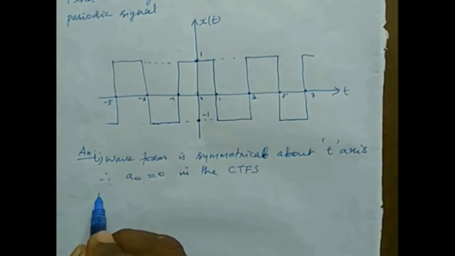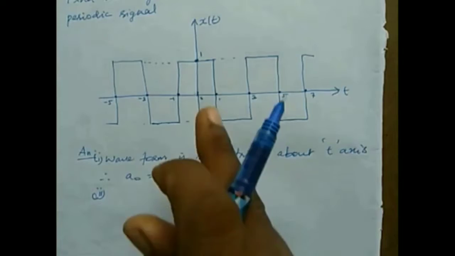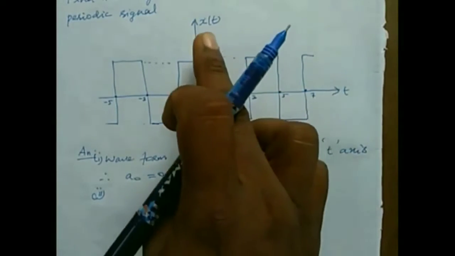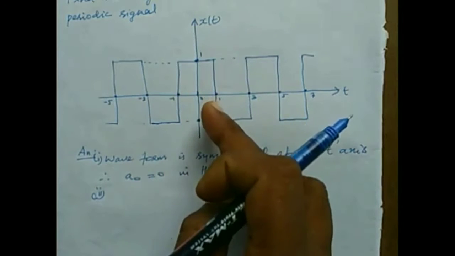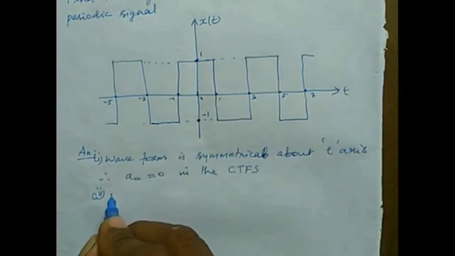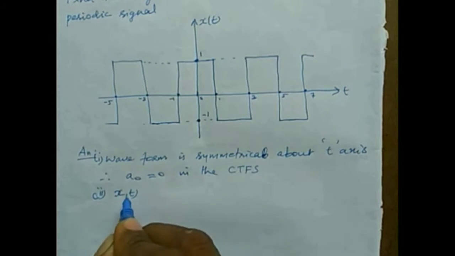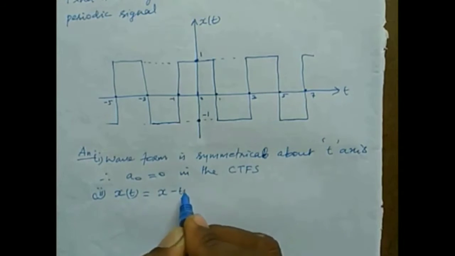Again, one more thing to be noted is that, as I told you earlier, the signal is symmetrical about the vertical axis also. That means x of t is equal to x of minus t.